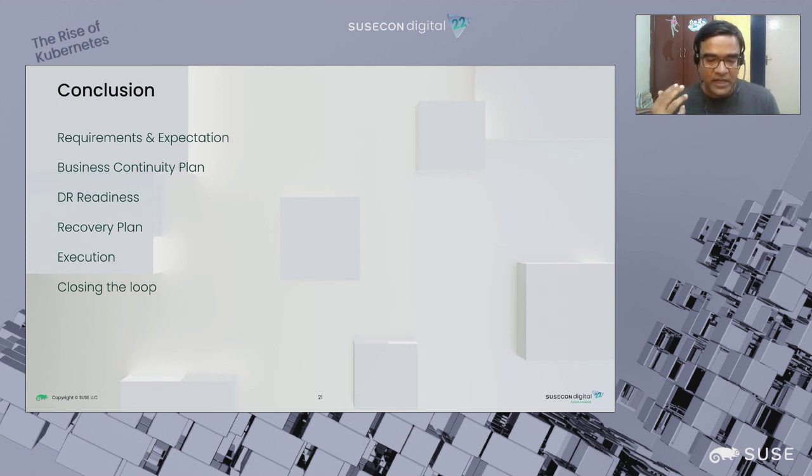You build up the plan in such a way that you know what you need to back up, and what disaster recovery you need to use for which application, because not all applications will be using the same recovery plans. You execute them, you know the gaps, you fill them, and that's how you have this living document which keeps you running all the time. I hope that summarizes things accurately, Suraj.